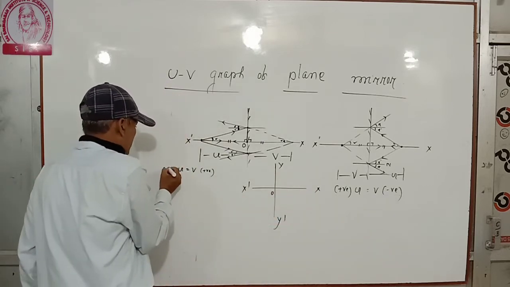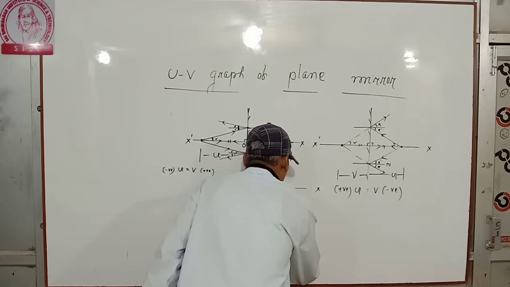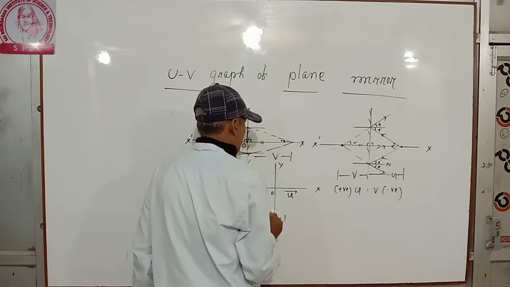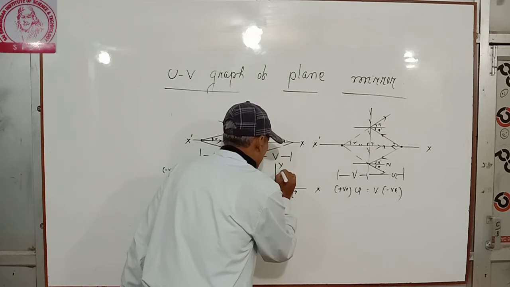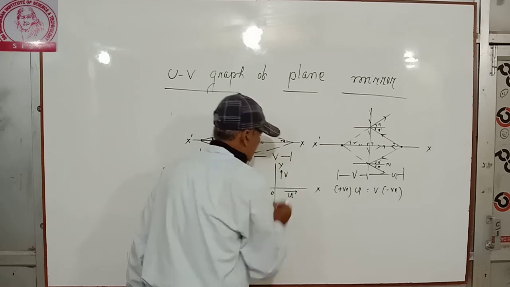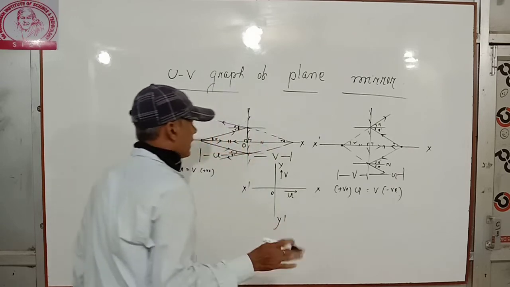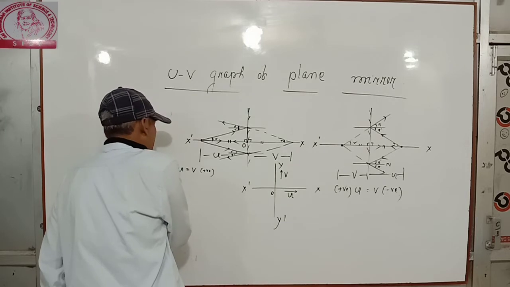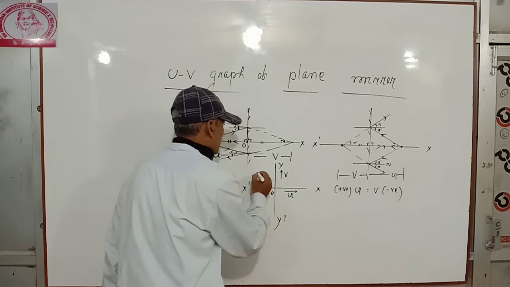One thing you see: the x-axis is taken as object distance, and the y-axis is taken as image distance. Y represents v, X represents u. Now tell me, when u is negative, v is positive. When u is negative, v is positive.